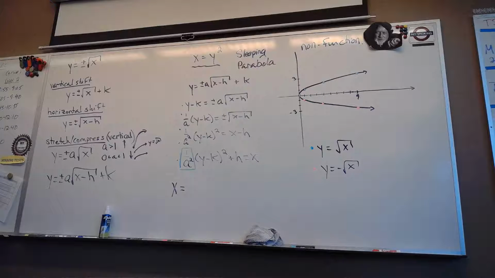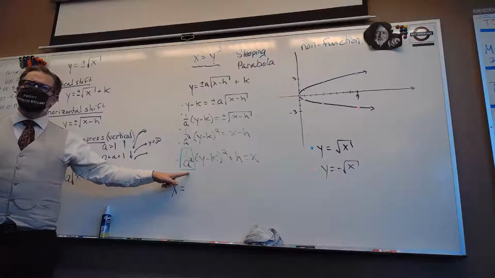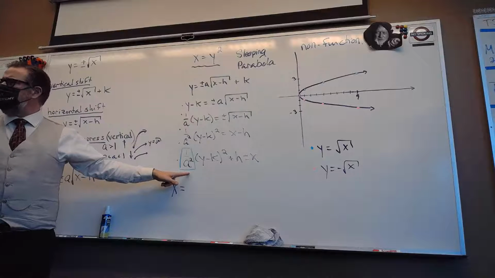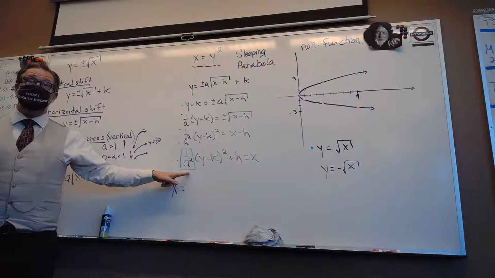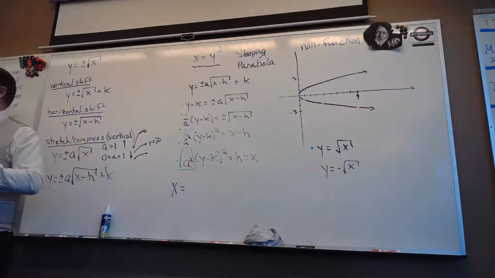Yeah. This is why we had to be a little bit careful. I thought about changing this letter and then making that a, but I don't like that because it's not really a. This is a vertical stretch. This is a horizontal stretch.